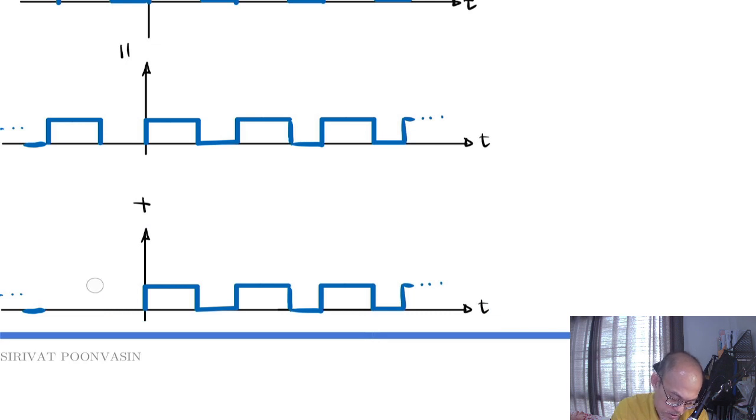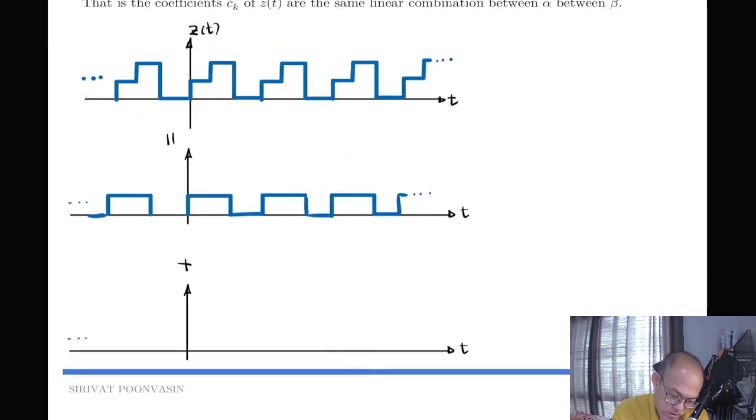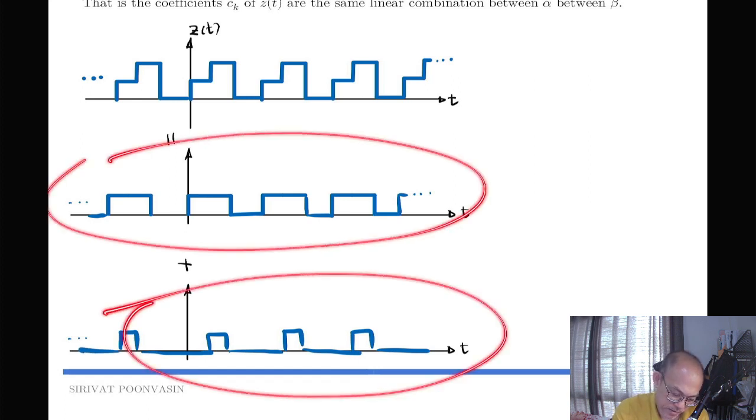Okay, but the low one should be here. See, if you add these two signals together, if you add this and this together, the result will be this one.